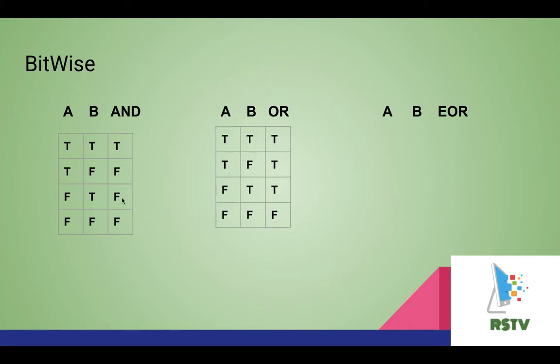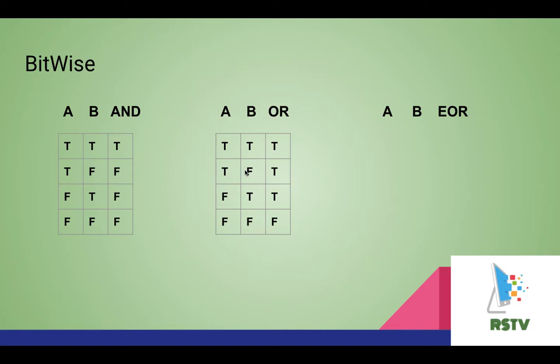Next is the OR operator. In the OR operator, if only one condition is true, the output will be true. In the table, first condition true and second condition also true, so the output is true. Next, first condition true and second condition false, here also true. Why?